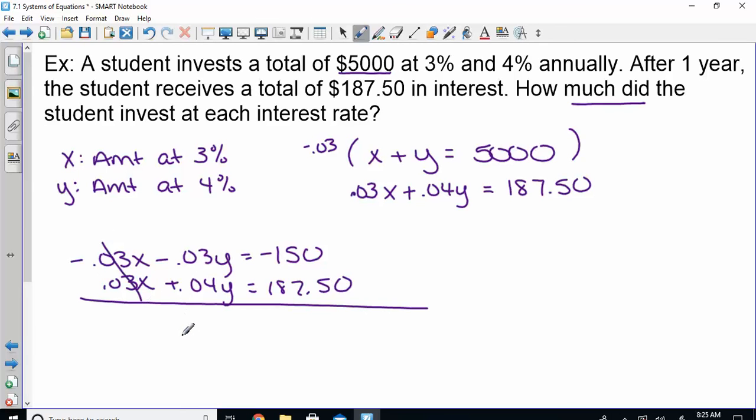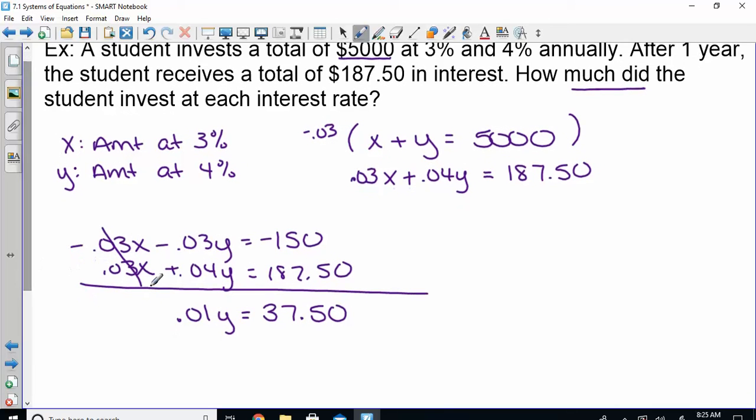Okay, so my x's cancel. $37.50 divided by 0.01. So y is 3,750.